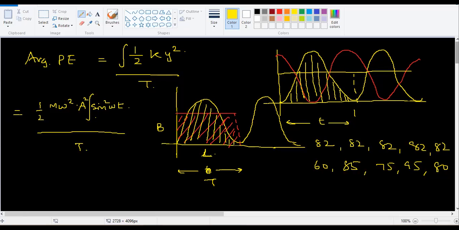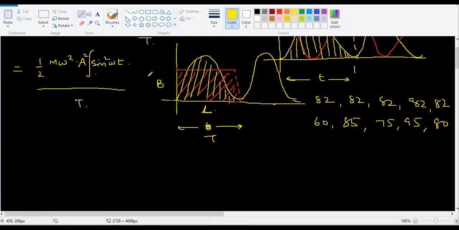Okay. So I don't want to confuse you right now. Okay, so when you integrate this, what you will get is, because you will be studying integration only in your 12th standard.